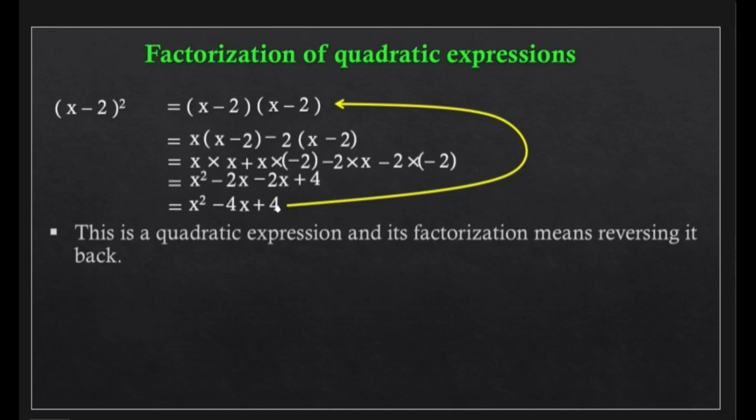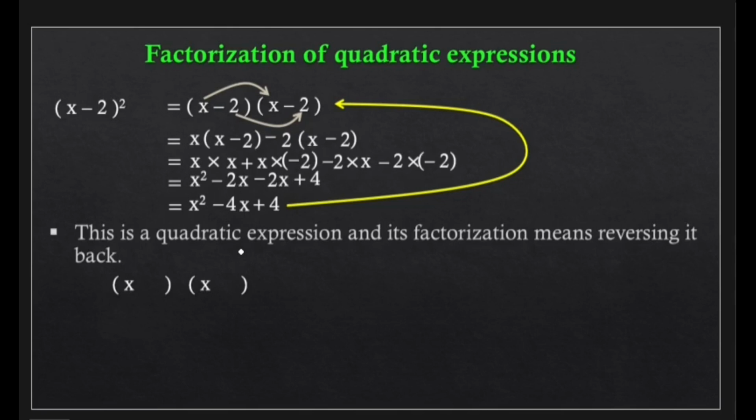So if we were to do a reverse, we would come up with the values that when multiplied give us x squared, and when we multiply these two, they give us positive 4. So we can open a bracket with x, another open bracket with x, because x times x gives our x squared. Now what remains is to know how we can get positive 4.